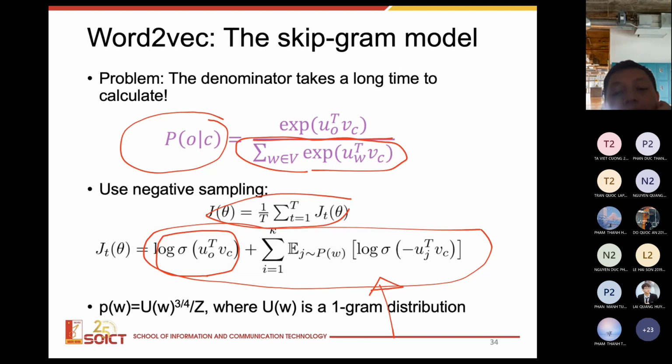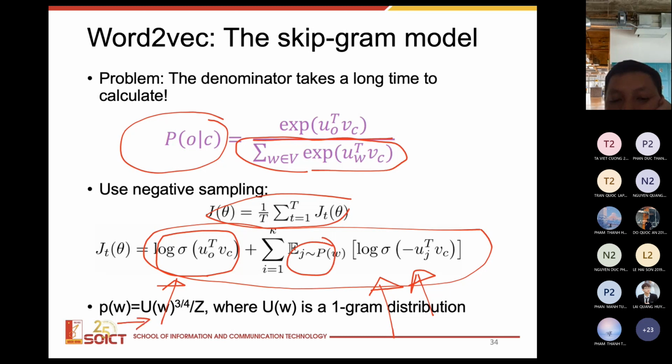It is named negative sample because the word U here is not in the context of VC, but we add them to the formulation of the loss to say that we want to maximize this part and minimize this part. That is, maximize the probability of having the correct O in the context of C and minimize the case when we have the wrong Z in the context of C. The Z is chosen by the distribution here.